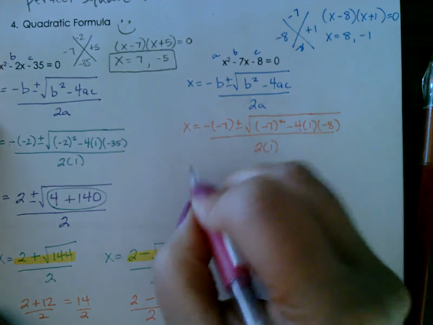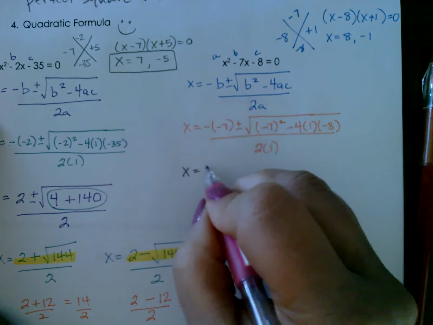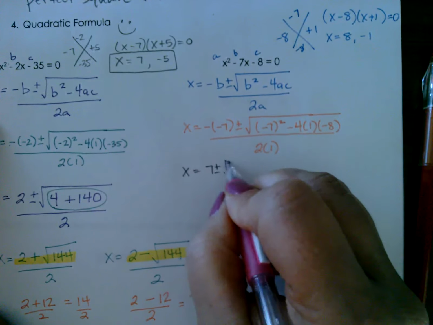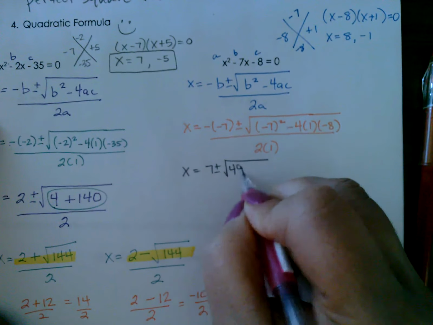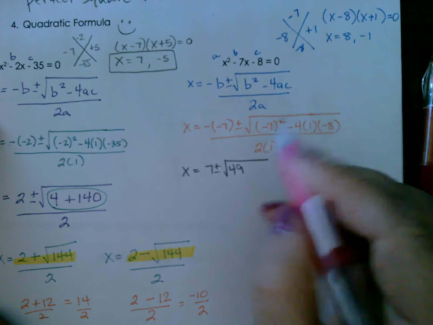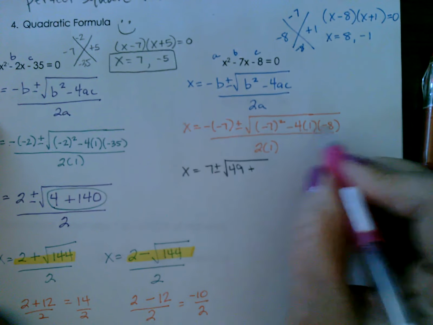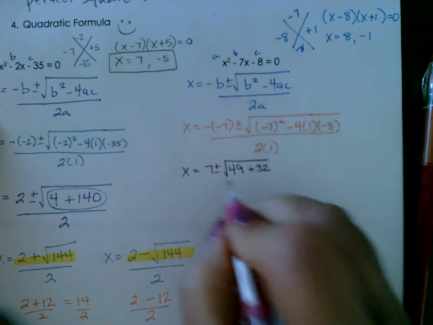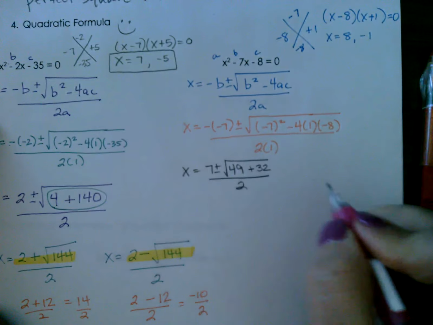Working my way through it, I would have 7 plus or minus the square root of 49. Negative times negative is positive. 4 times 1 times 8, 32, all over 2.